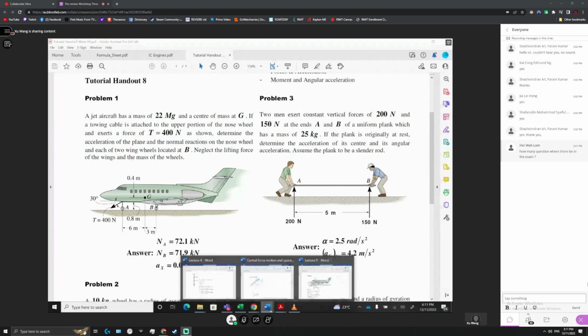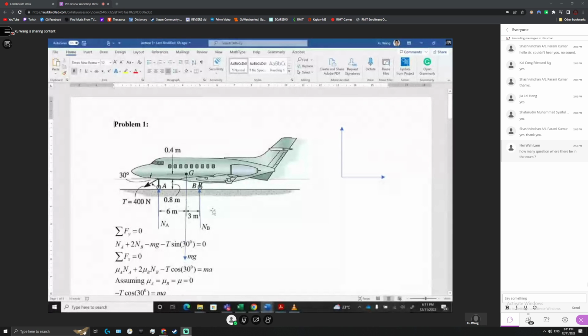So we do force analysis. You have the gravity force, the reaction forces Na and Nb, and also the force T here. I should adjust this a little bit to make it vertical. We assume the coordinates are horizontal positive and vertical positive.